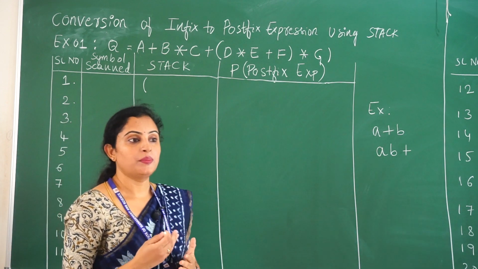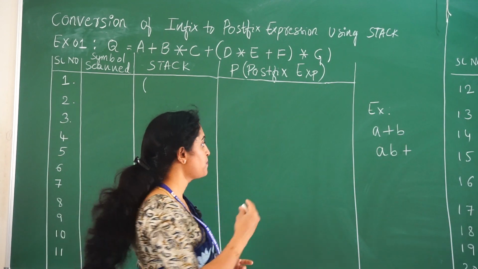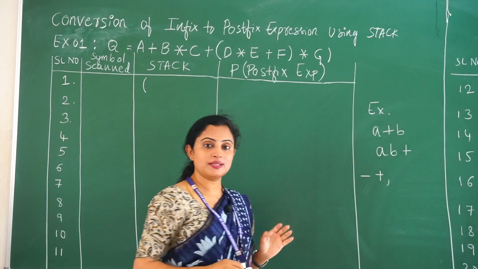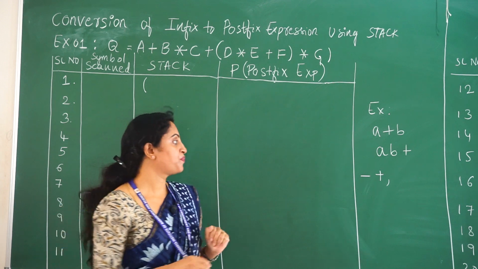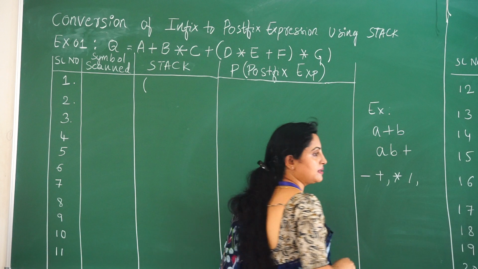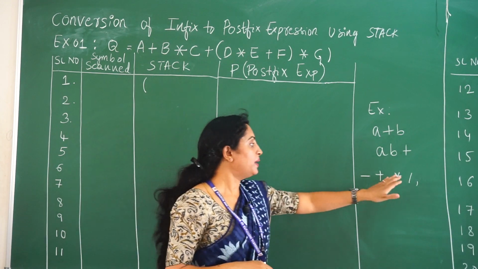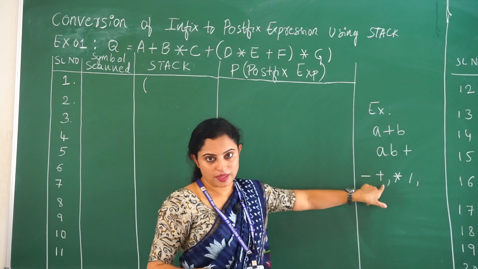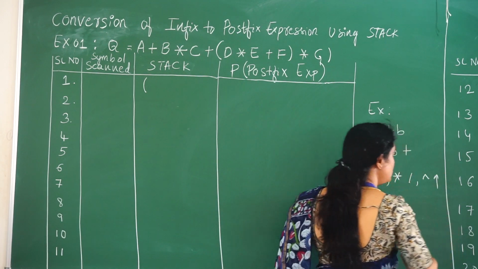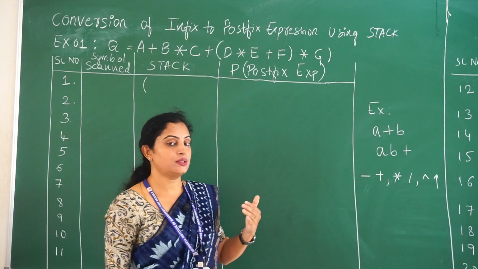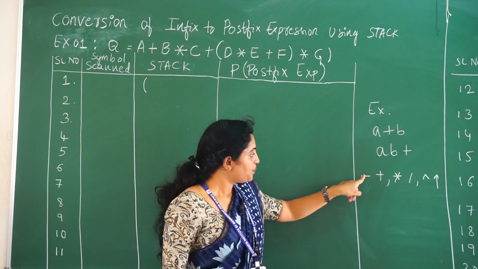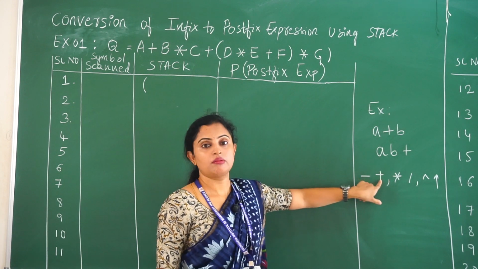Which operators have higher precedence? Minus and plus have the same precedence, and multiplication and division have the same precedence but higher than minus and plus. Next, the caret symbol or arrow symbol has a higher precedence than multiplication and division, as well as subtraction and addition.